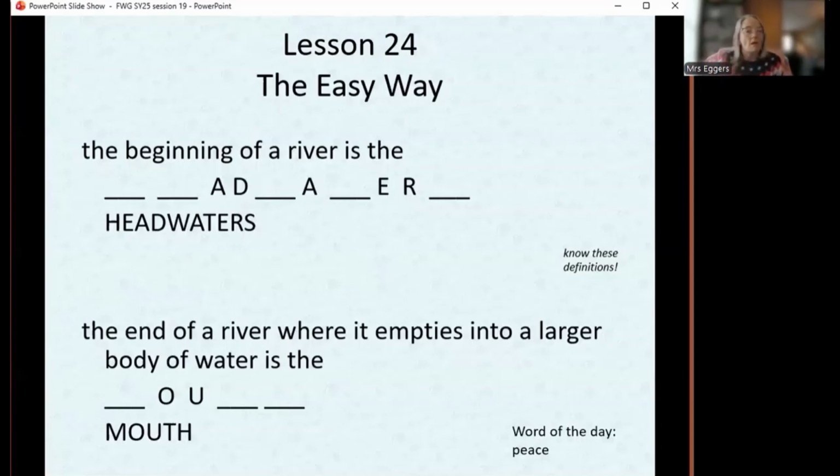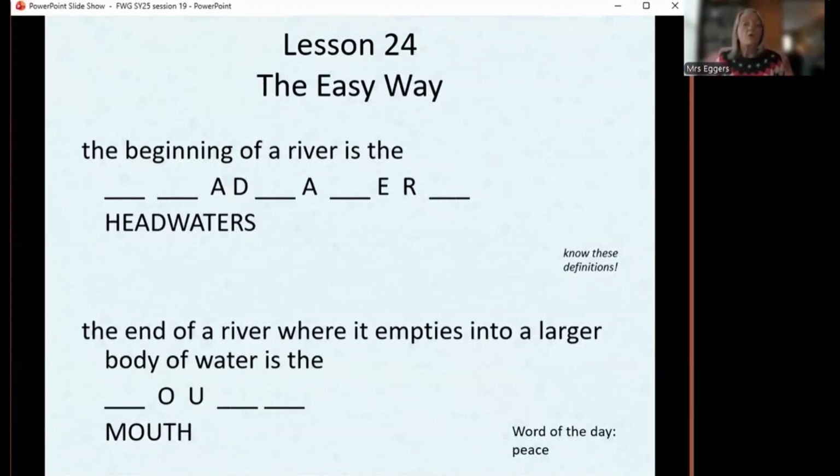So, if that's true, the headwaters of rivers, would you guess, would be at higher elevations in general or lower elevations? Jameson, nice job. Yeah, the headwaters of rivers are generally higher elevation.